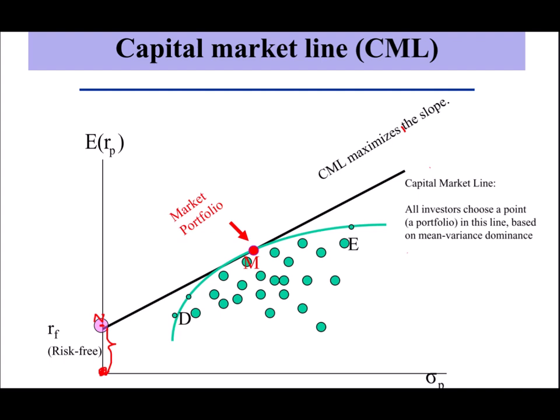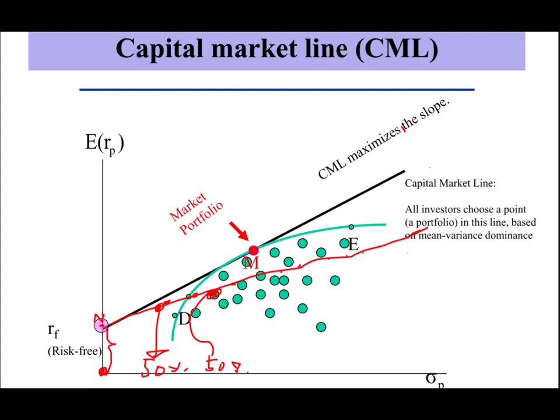For example, if we want to form a portfolio of the risk-free asset and this one, you can just draw a line, and any point on this line stands for a portfolio of the risk-free asset and that risky asset. Why do we have so many different points on this line? For example, this one stands for a portfolio where you put 50% in the risk-free asset and 50% in this asset.